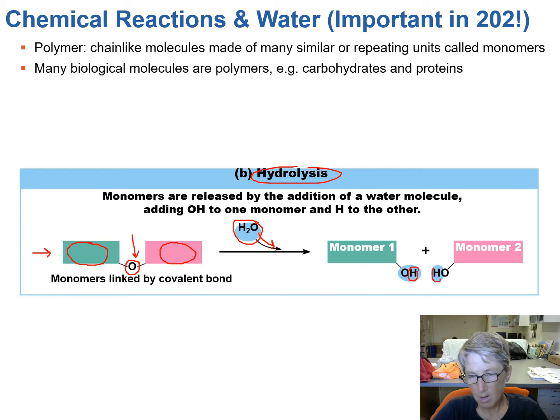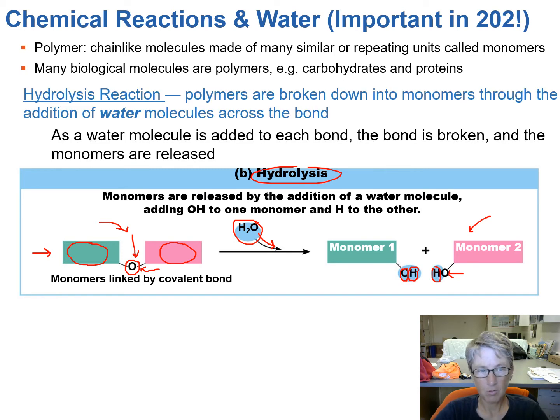Here's the other H that you used from the water, and here's the oxygen that you used from the water. And this oxygen here was not originally part of the water molecule. This oxygen was from here in the monomer. So this is the reactant side, and then this side is the product side. Hydrolysis reactions: polymers are broken down into monomers through the addition of water molecules across the bond. Breaks the bond.